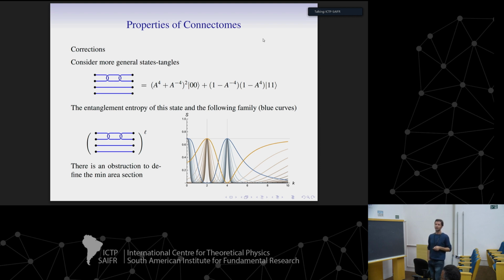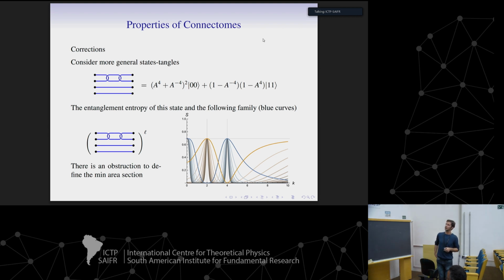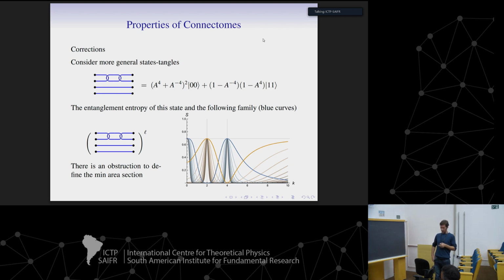That was the Ryu-Takayanagi case, but this is not always true. If you consider a more complicated topology, then the entropy will not be given by the minimal area of the minimal surface. Here is one example where you have this kind of chain, which you can compute using the basis that I introduced earlier.